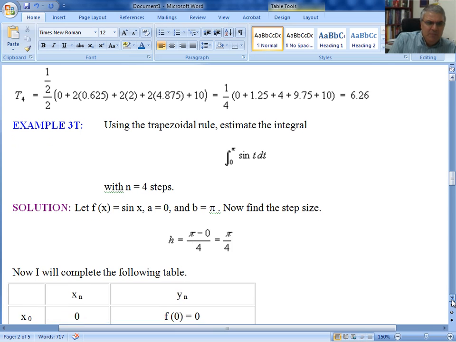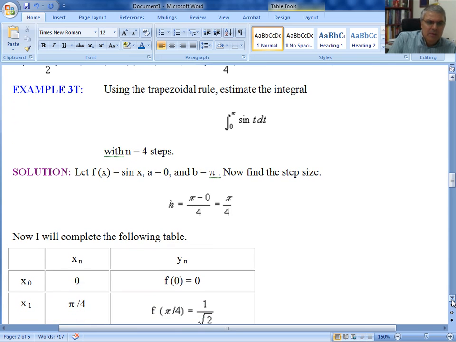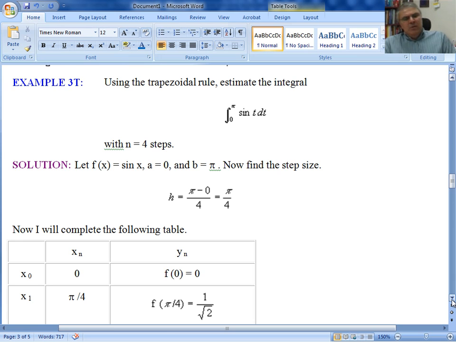The one that is of particular interest to some of you, since maybe it is really what you would be doing, is that example T3t. If we use the trapezoidal rule, we would like to estimate the integral from 0 to pi of sine of t dt, and we're going to use 4 steps.